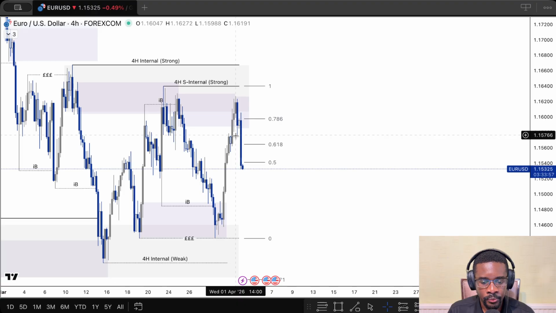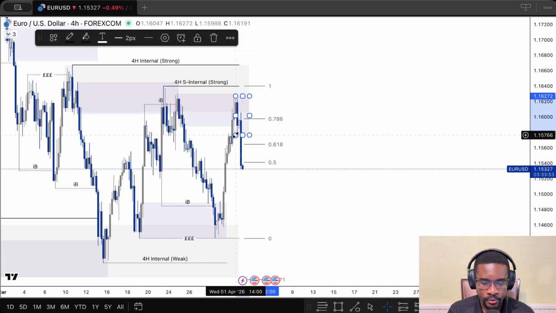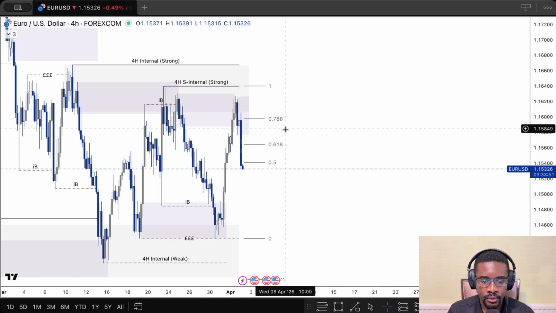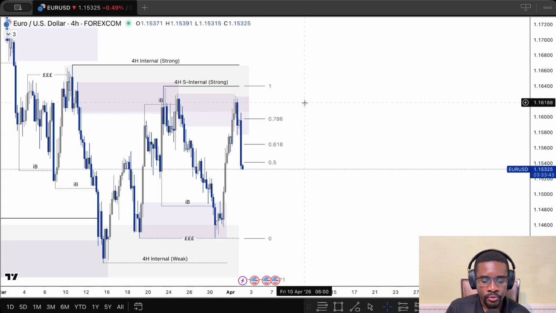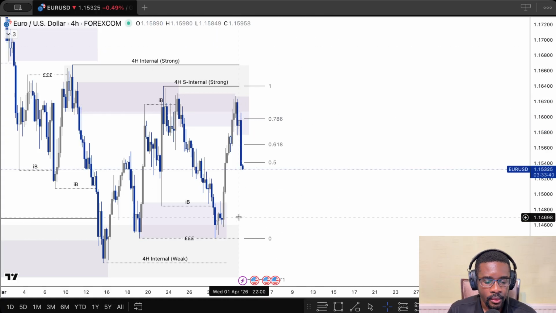I could include the wick as well of that candle, so let me just do that. Alright, so this is what I have, and then I expect this area to fail.